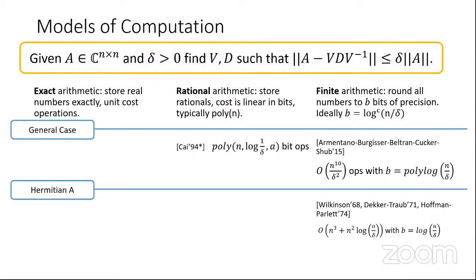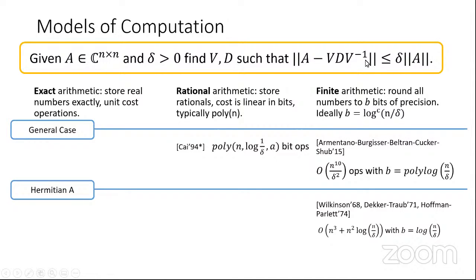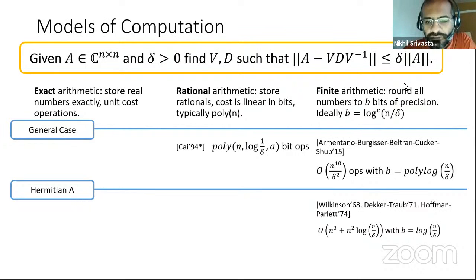I think Cleve has got a question. Cleve? What about 0100? You mean the Jordan block? Yes. So this question is still well posed. As stated, if you give me a Jordan block, this problem has a valid output. Namely, I can output the diagonalization of a nearby matrix.